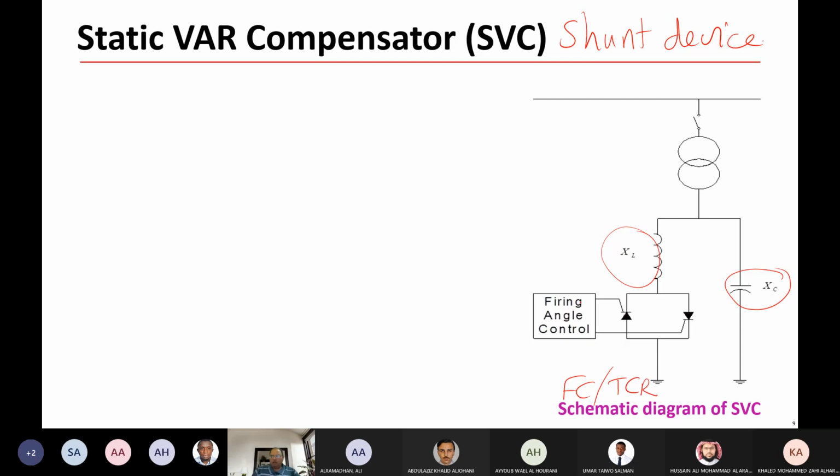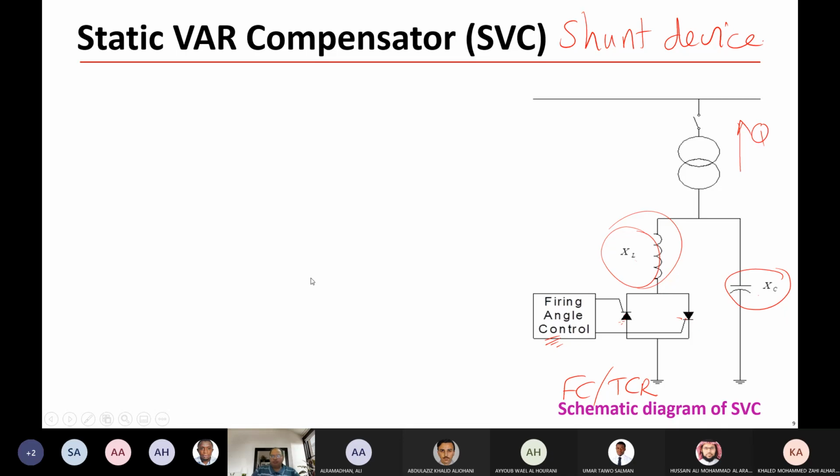By controlling the switching or the firing angle of the thyristors here, you can control the compensation that comes from XL, and you have compensation that comes from XC. So the net compensation, or net reactive power, that goes here will be adjusted.